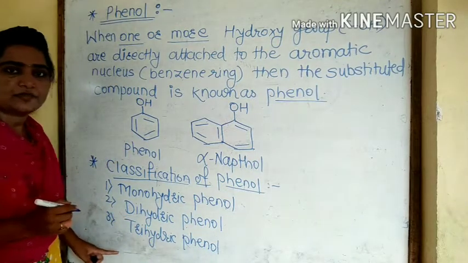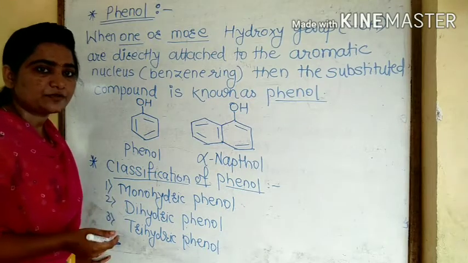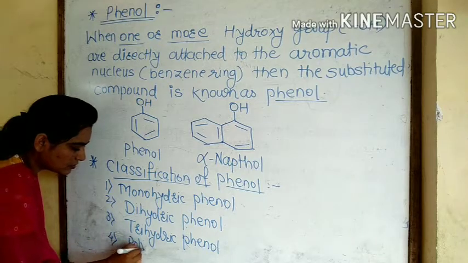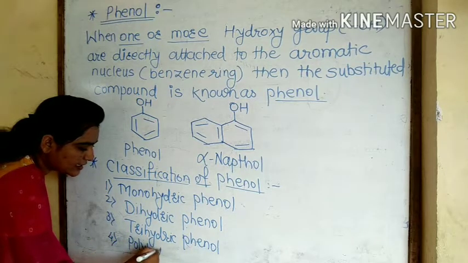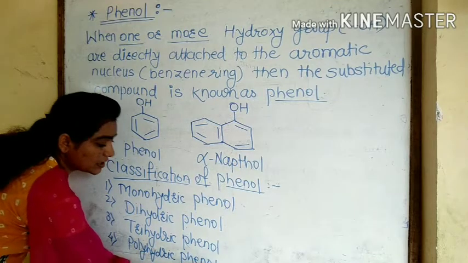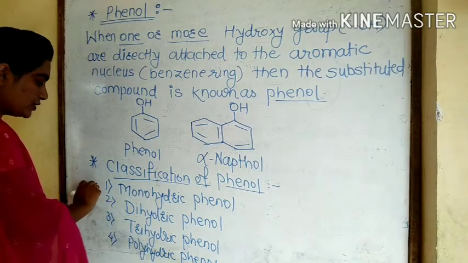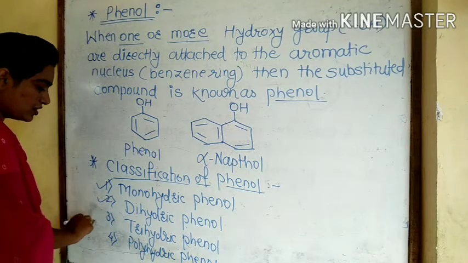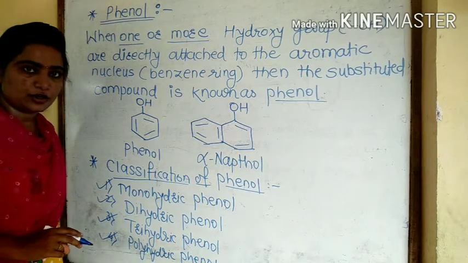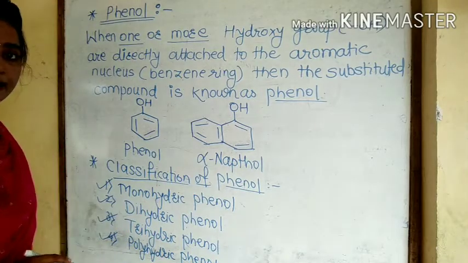After trihydric we can also write here a fourth classification, that is polyhydric phenol. Okay. So these are the four main classifications: monohydric phenol, dihydric phenol, trihydric phenol, and polyhydric phenol. So first we will see what is the meaning of monohydric phenol.